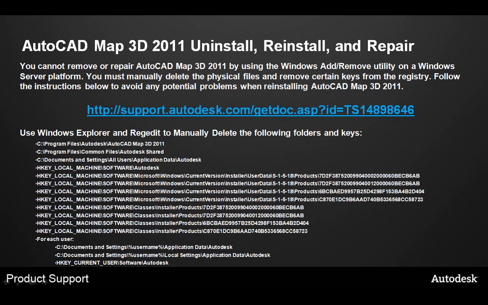However, I suggest that you go to our webpage and go to the TS, for which there's a link here, which is TS14898646. You'll need to delete several files for the install, files for each additional user, and the same for the Windows registry. This concludes the presentation on AutoCAD Map 3D 2011 in the Citrix XenApp environment.